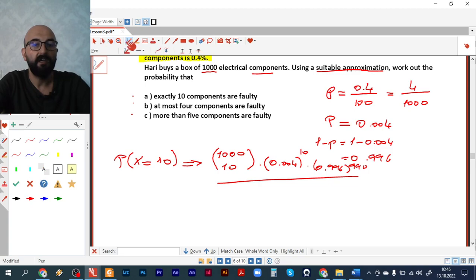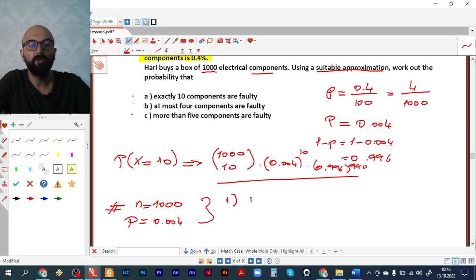Okay, now we have the number of trials is 1000, and the probability of faulty components is 0.004, and the first situation is n is a real number greater than 50.